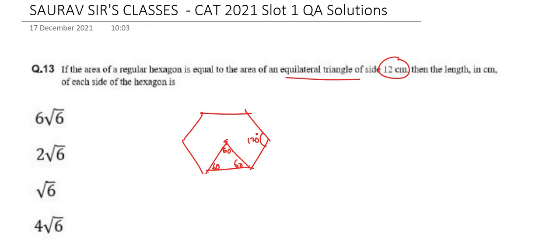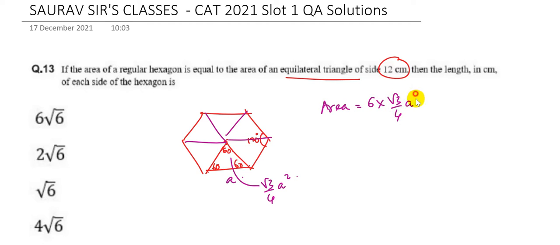So this becomes an equilateral triangle. And if A is the side of the hexagon, then the area of this one triangle will be root 3 by 4 A square. And there are 6 such triangles, 3, 4, 5 and 6. So that means the total area will be 6 into root 3 by 4 A square, which is 3 root 3 by 2 A square.